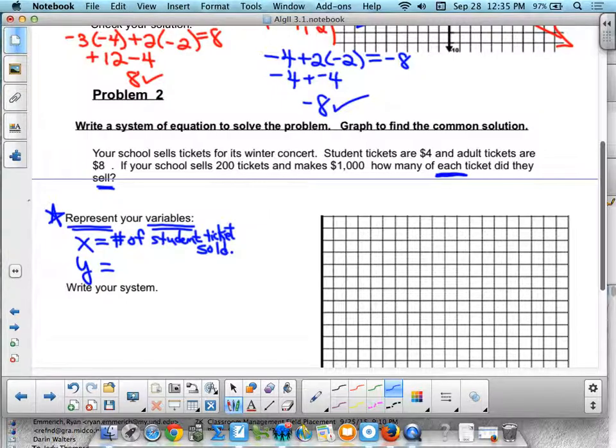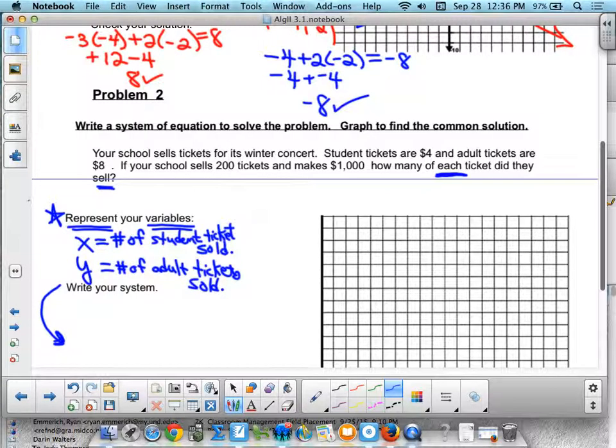So how many student tickets did I sell? I bet you y has to be what? Adult. Number of adult tickets sold. Bingo, that's it. So when you start these story problems, let x be something you're looking for, let y be the other thing you're looking for, and then write your system down here.